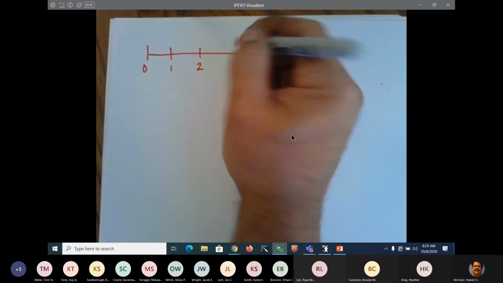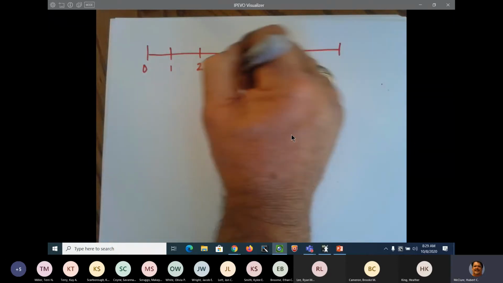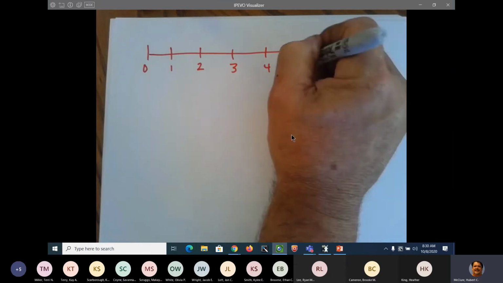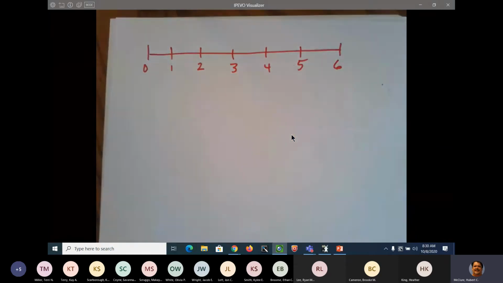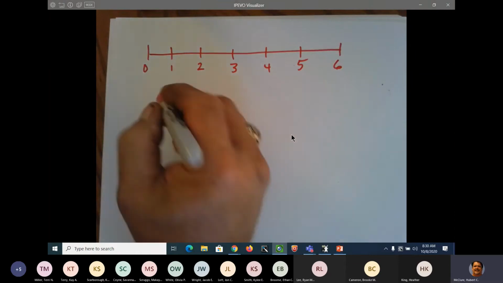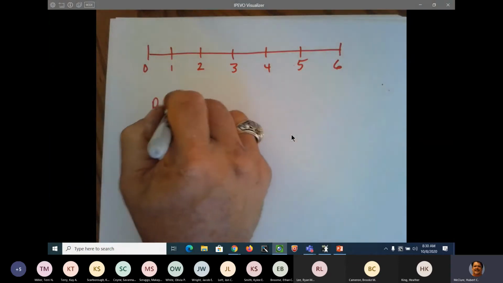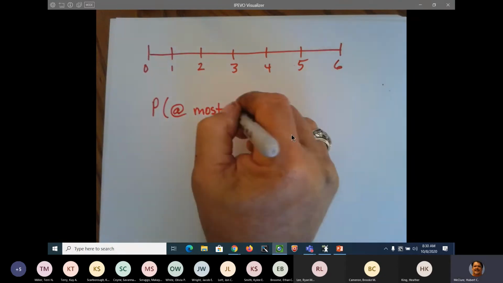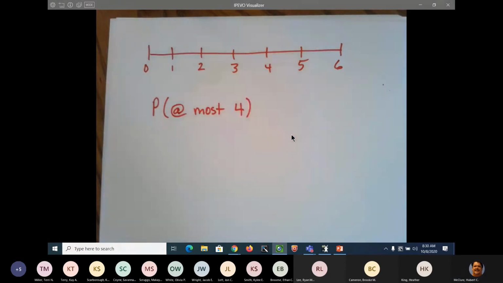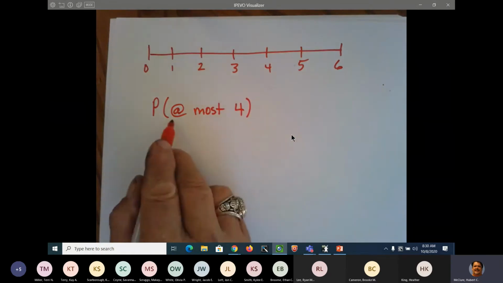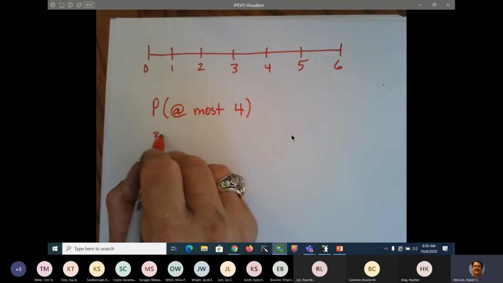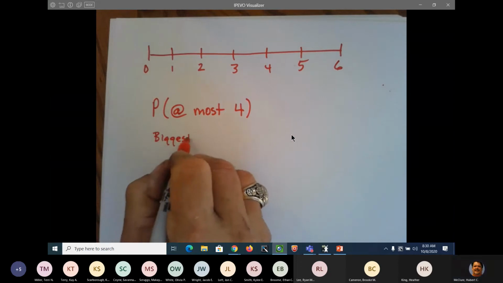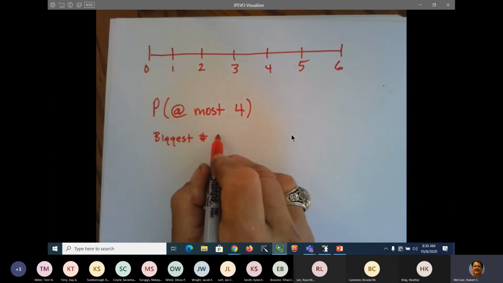No. So 3, 4, 5, and 6. Now, what if I give you the probability of at most 4? Well, the first thing you're going to do is graph it. At most means that the biggest number is 4.